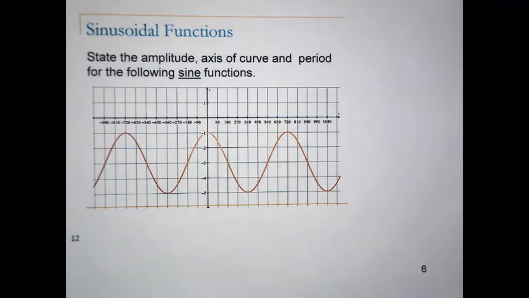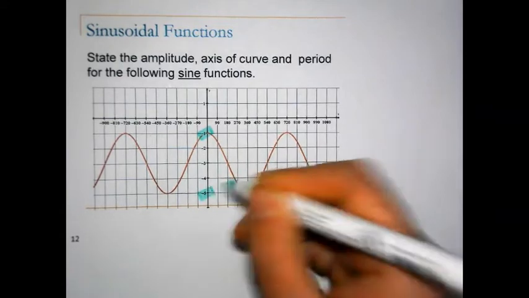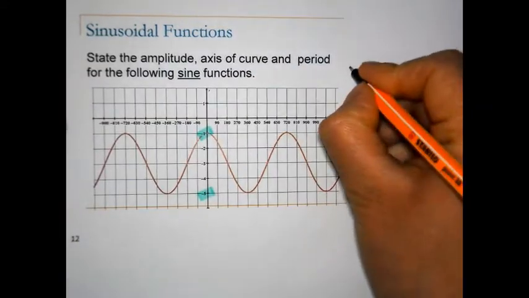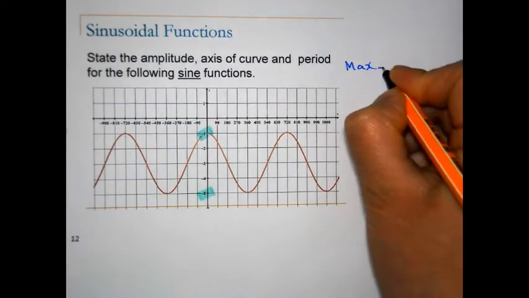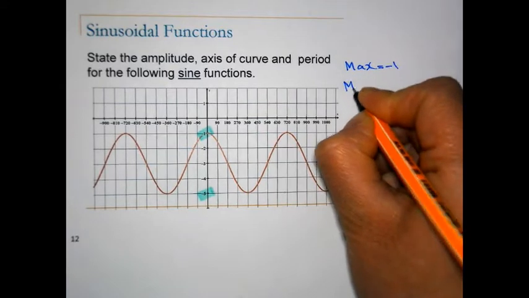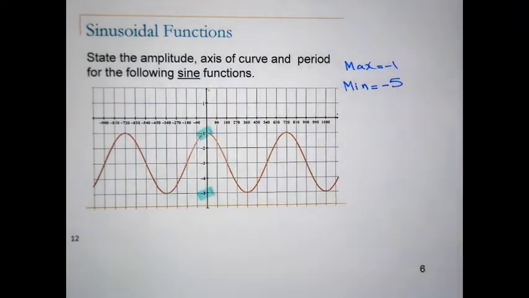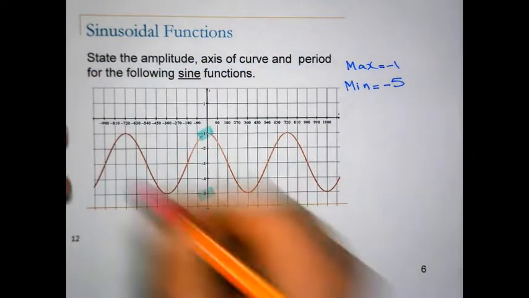The first step again is to first figure out what is the max and the min. So I'm going to write here, maximum is actually -1, minimum is -5. So I start with axis of curve.